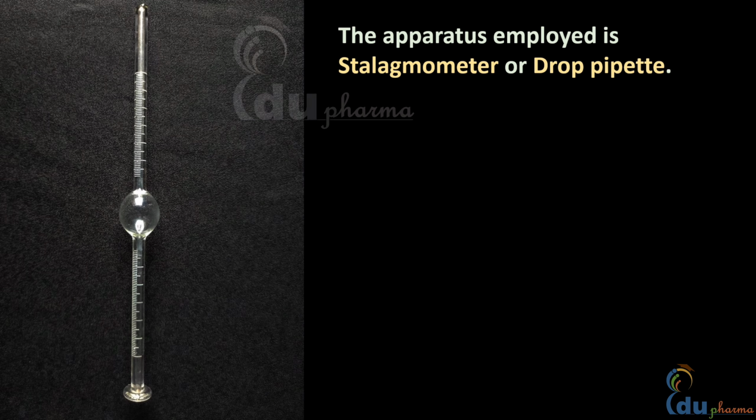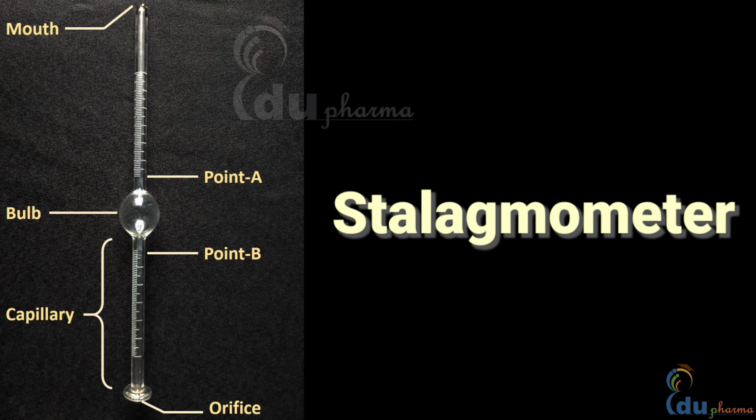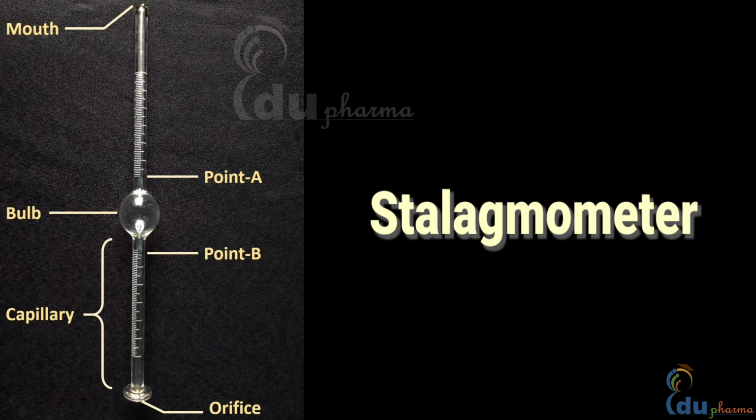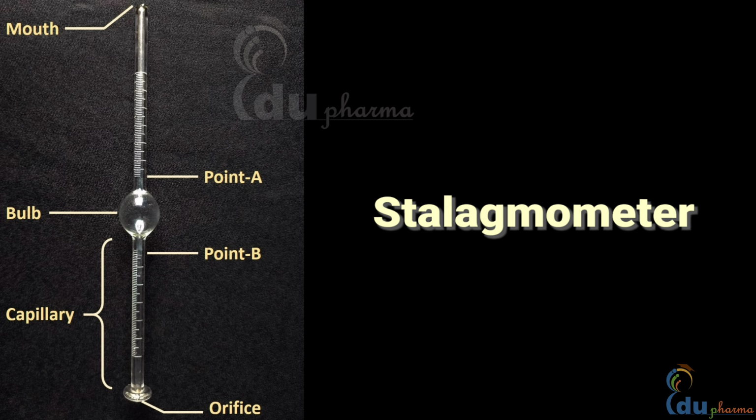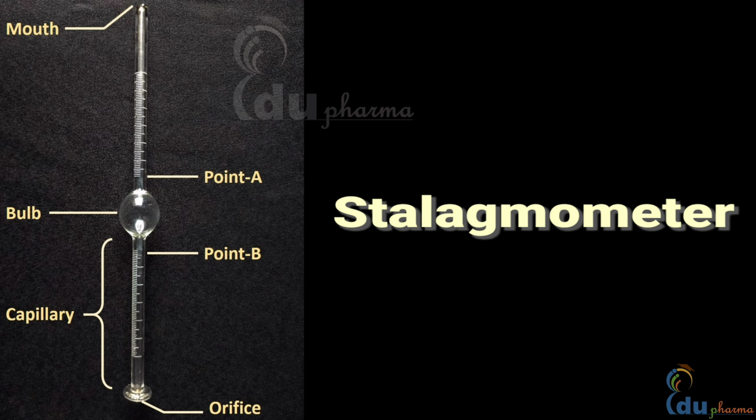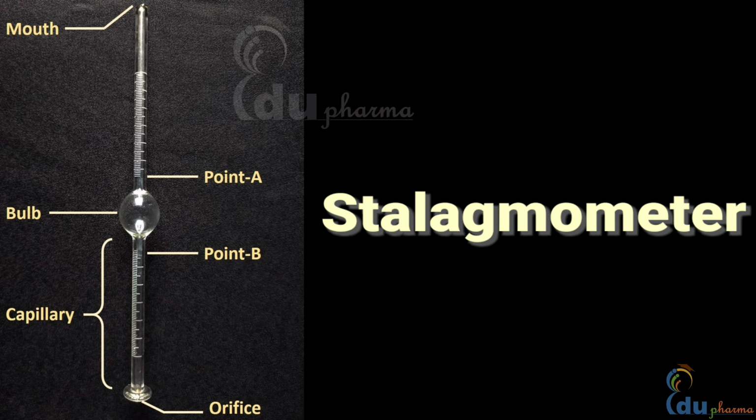Let's see the apparatus used in this method of surface tension determination. The apparatus employed is a stalagmometer, also known as a drop pipette. It is a capillary tube. A bulb is present in the middle of it and markings are given above and below the bulb.